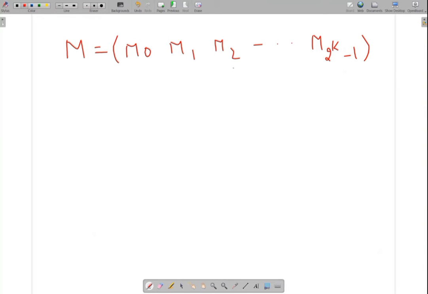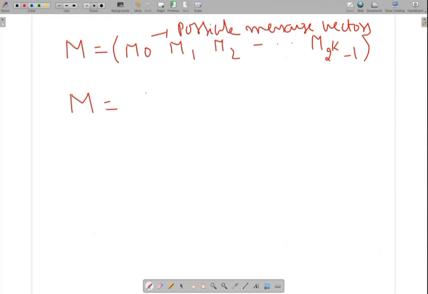M has possible message vectors represented in this form. Each individual M is equal to individual elements capital M0, capital M1, capital M2, and so on, up to capital M2 power k minus 1. These are the possible message vectors.